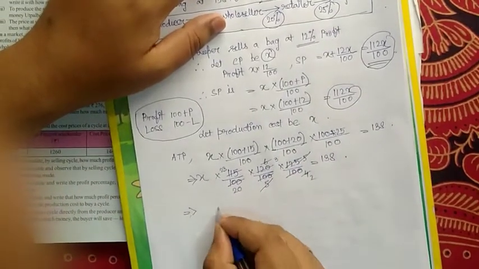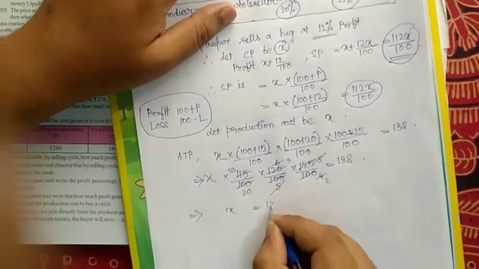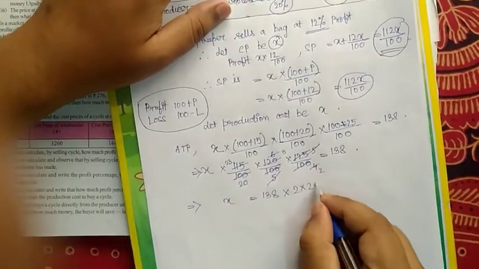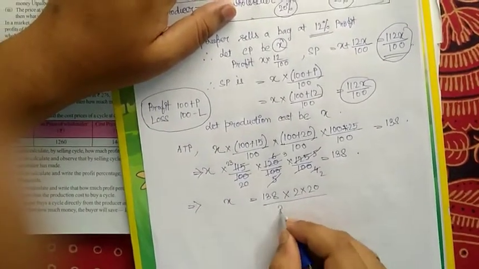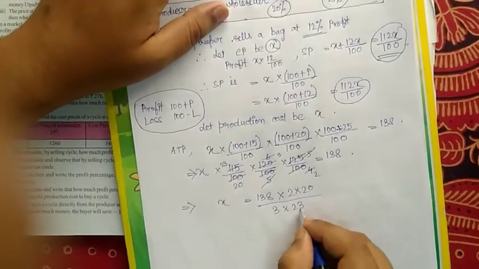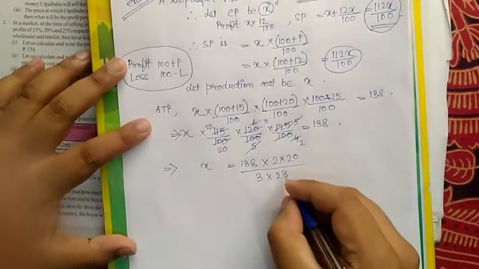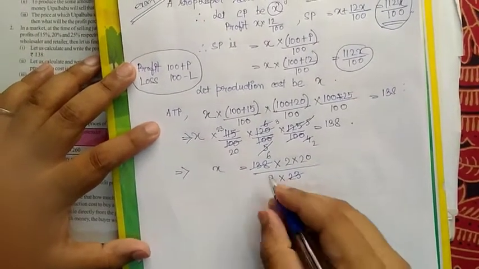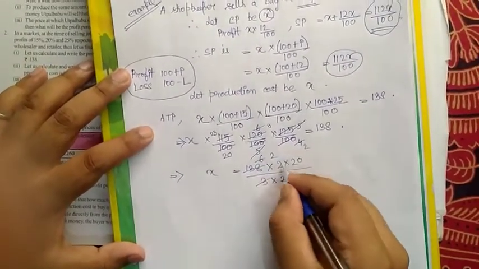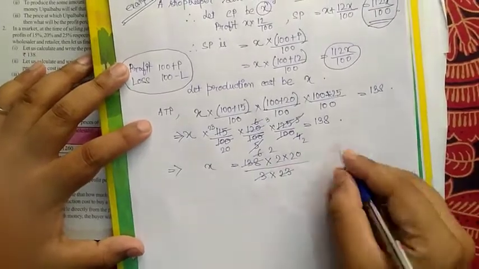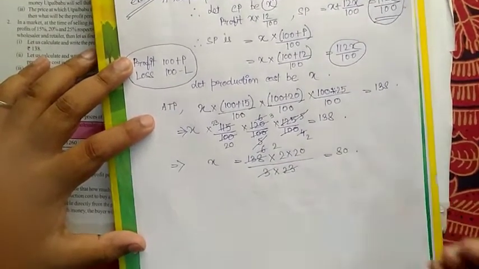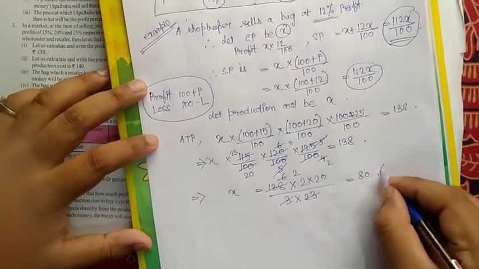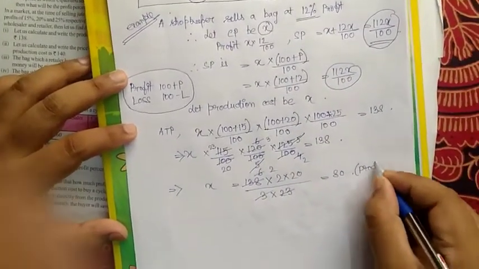So x equals 138 cross multiplied by 2 into 20 by 3 into 23. So 23 means this should be 6, and 3 6 are 2. So 2 into 2 is 4, 4 into 20 is 80. So 80 is the production cost.